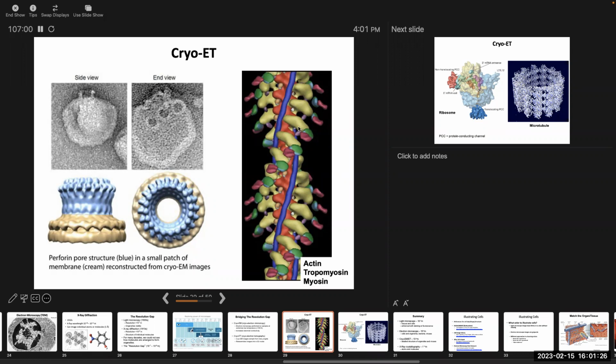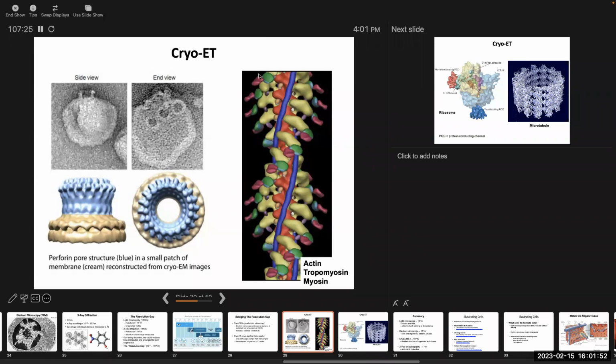Over on the right is another great example of the use of cryo-ET. So this is an image of the complex of 3 proteins, actin, myosin, and tropomyosin, which are the contractile proteins in a muscle that allow a muscle cell to contract.